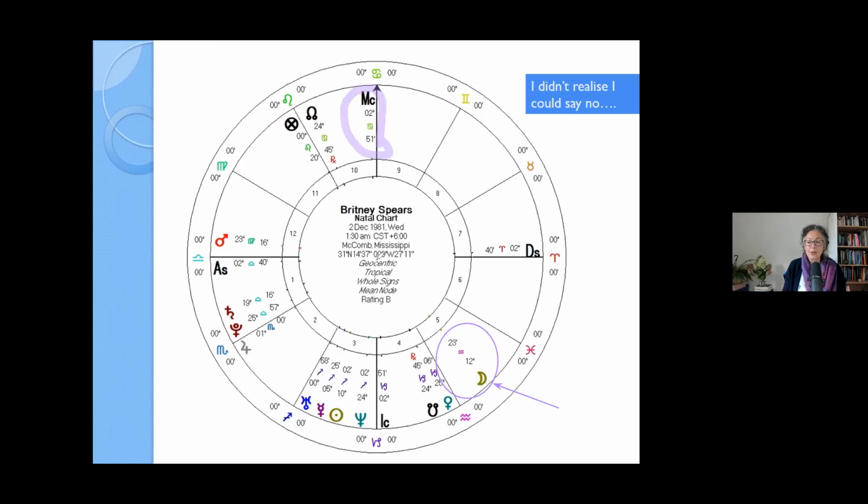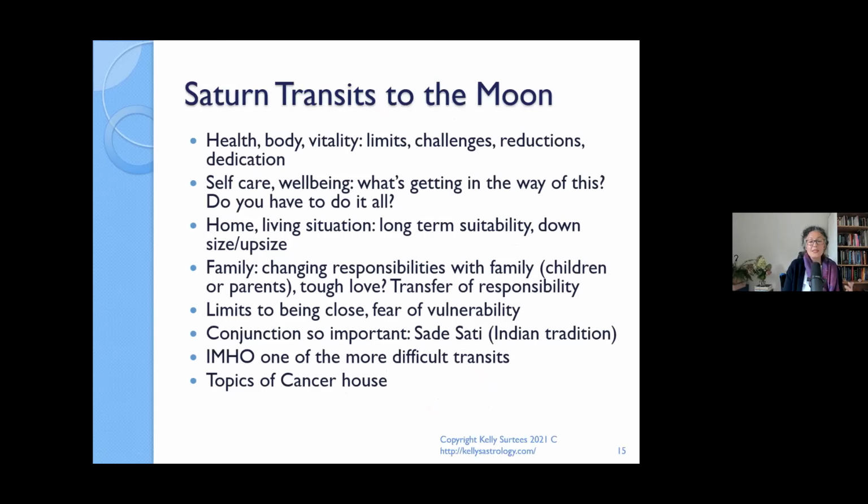So there's just a couple of little ways to think about that Saturn moon stuff. It's a really big transit. It can bring up some inner child bits and bobs, and so there can be some healing or reparenting required. And I really encourage clients to be very tender with themselves, to treat yourself like you would a young child when you're in a Saturn transit to the moon.